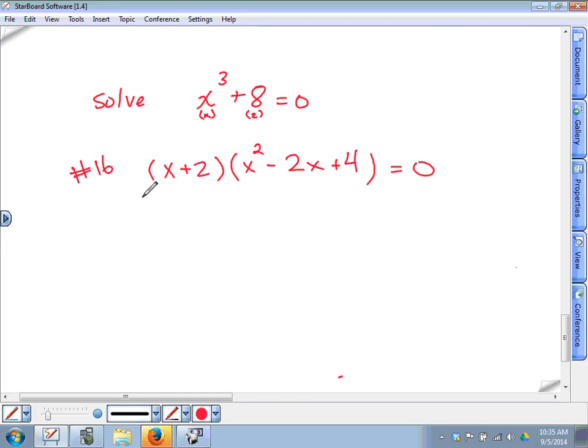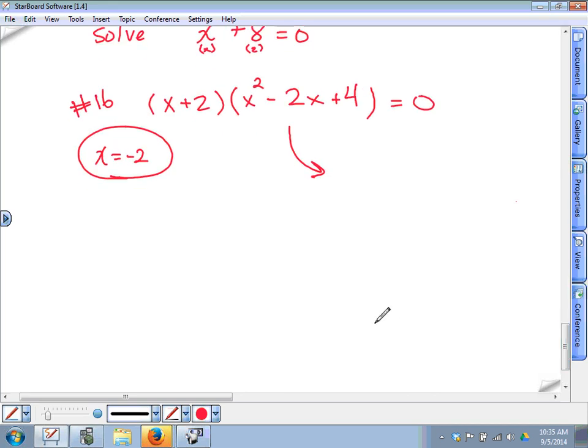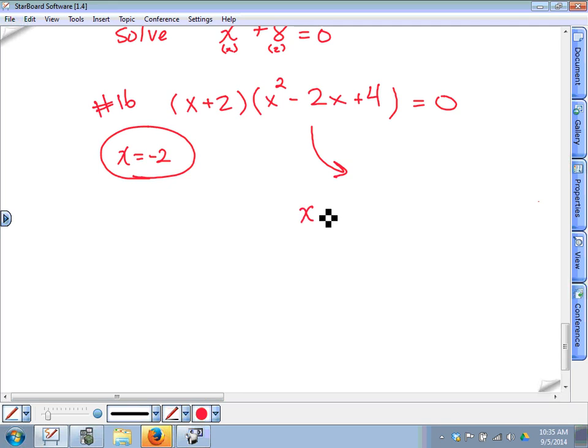So this one's pretty easy to get. If x plus 2 equals 0, that means x has to equal negative 2. So there's one of our solutions from this factor right here. Let's take this one over here and do the quadratic formula. x equals, I'm going to say positive, when I sing it, I say x equals the opposite of b, but negative b, apples and oranges, I guess.